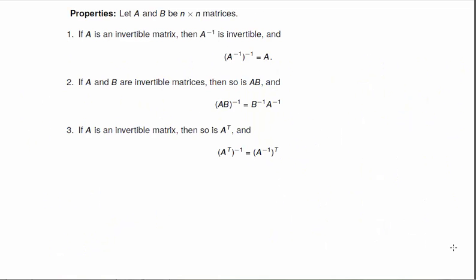So a few properties of the inverse. The first one: if A is invertible, then A inverse is invertible, and A inverse inverse is equal to A. I'm going to prove that one. Let's assume that A inverse has an inverse. Let's call it C. So I'm going to let C be equal to the inverse of the inverse.